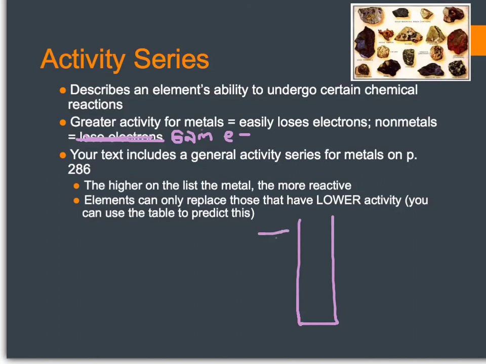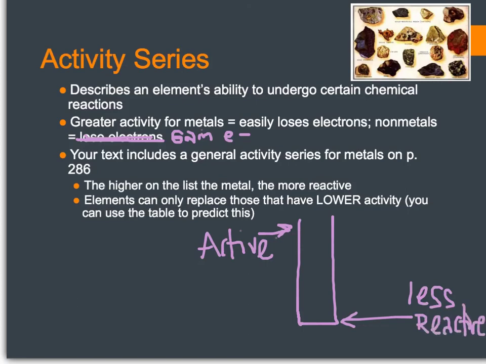The higher up on the list, the more active the metal is said to be, and the lower it is, the less reactive. So you'll use that as a source for making predictions. If you have two things in a reaction, you can predict whether or not they will react, or they will trade places, or one of them will be replaced, etc. This is not something I expect you to memorize, but just be able to use.